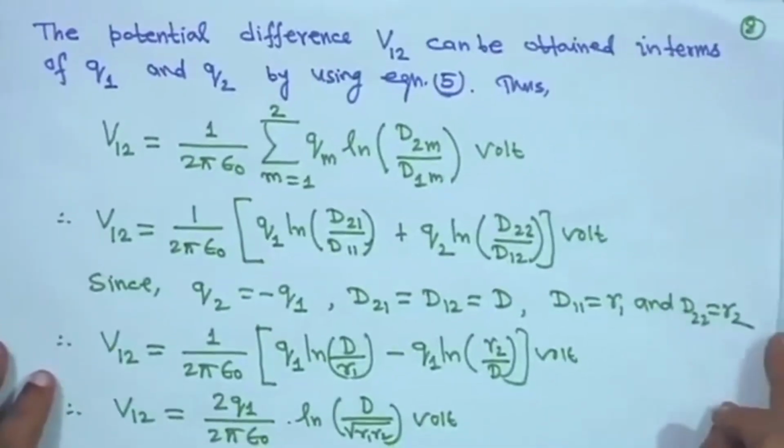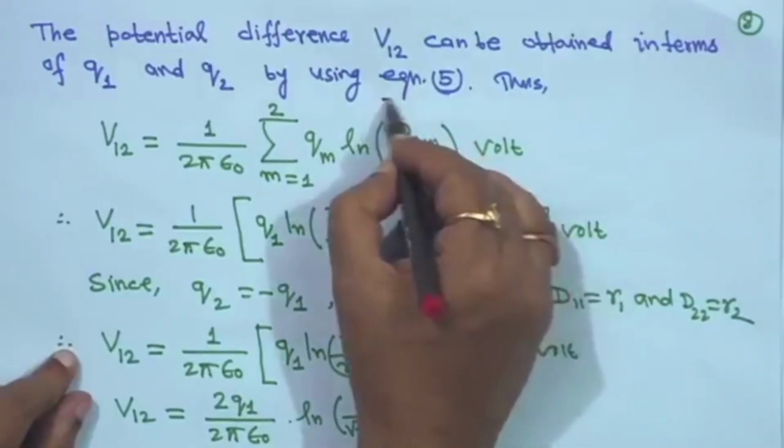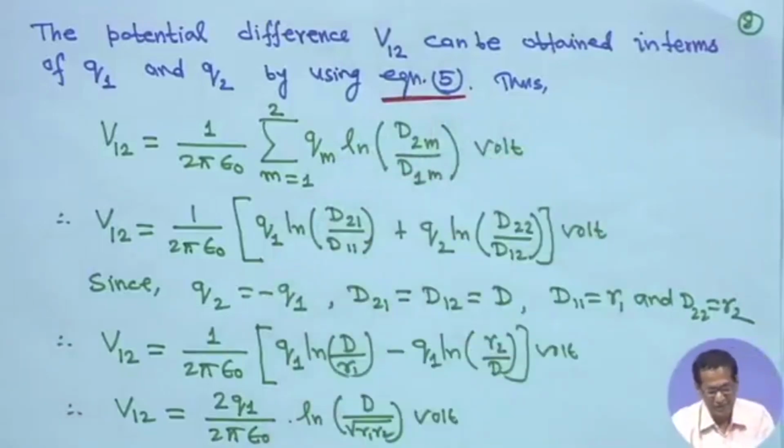The potential difference V12 can be obtained in terms of Q1 and Q2 using equation 5. That general equation we have given, with m equal to 1 to n.